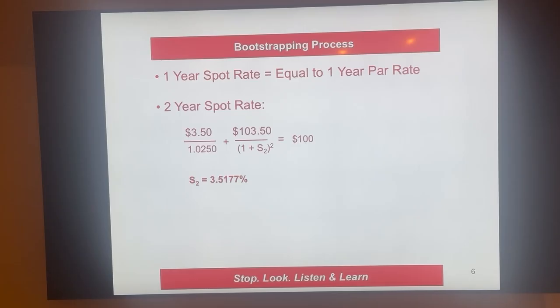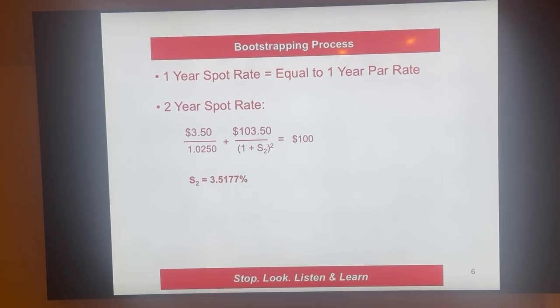Now, the first thing you always want to remember is that the 1 year spot rate is always equal to the 1 year par rate. So in our case, the 1 year par rate is 2.5%. So that means that the 1 year spot rate will also be 2.5%. And then we move on and look at the 2 year par rate.